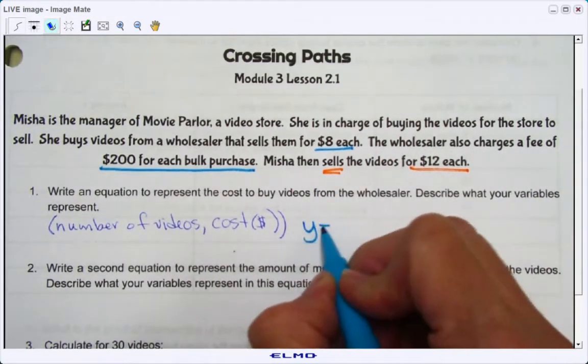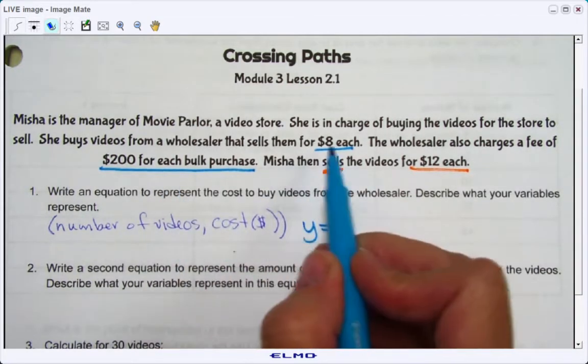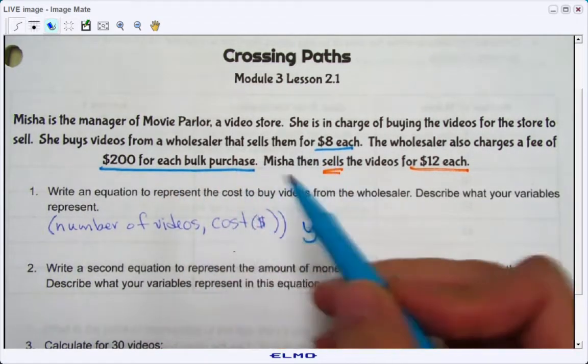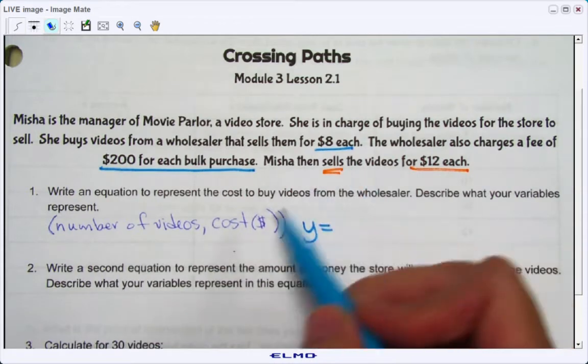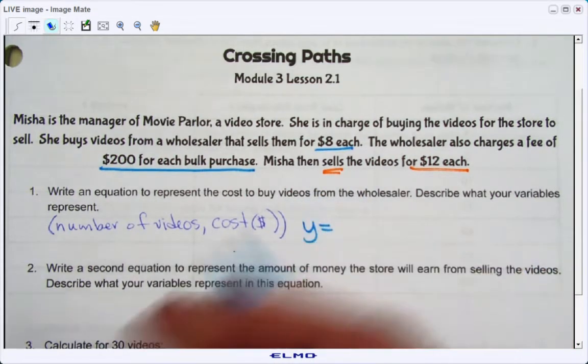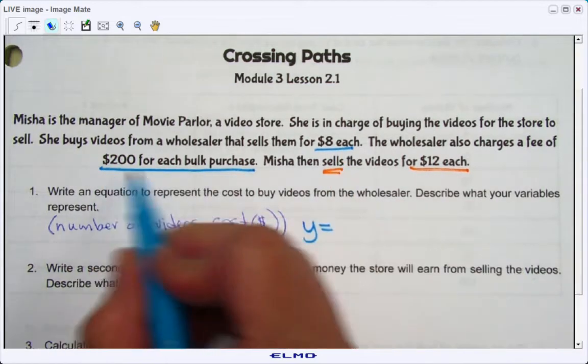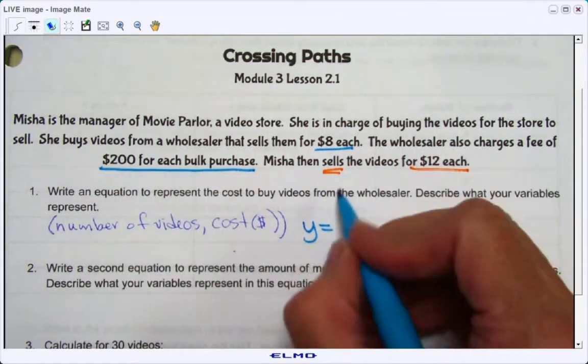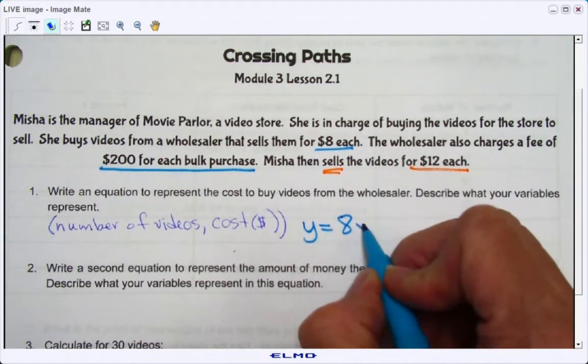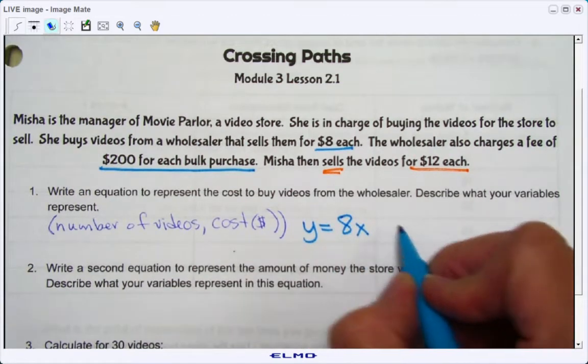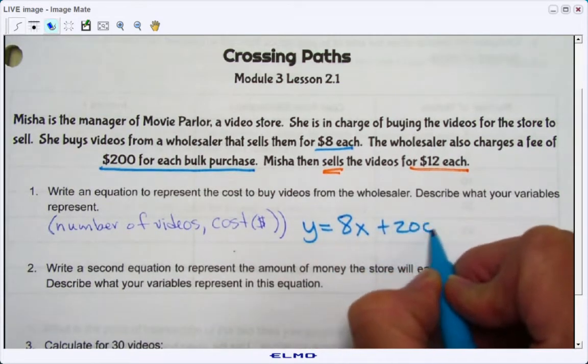So y equals, and I look at this information, which one's the slope? Which one does it go up by each time? Okay, for each video, it's $8 for each video. This is just a setup fee. So $8 times x plus the 200.